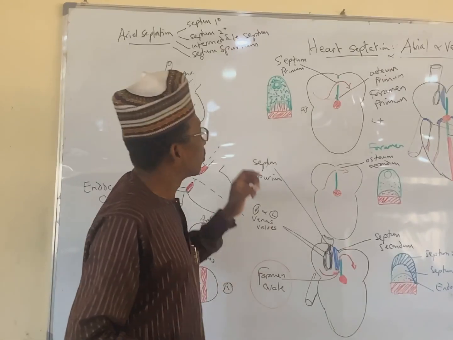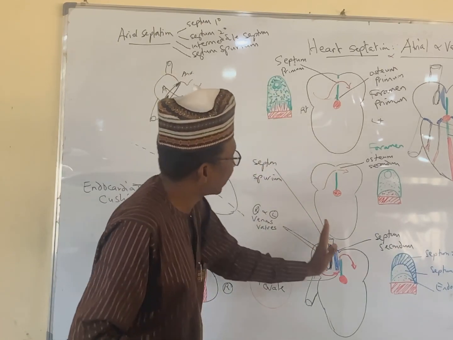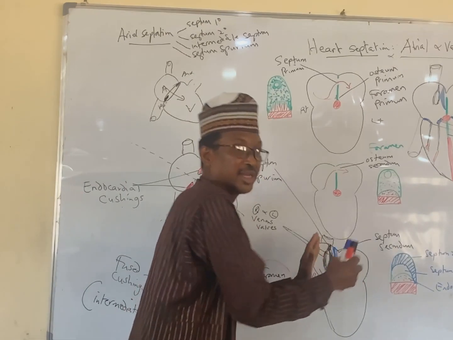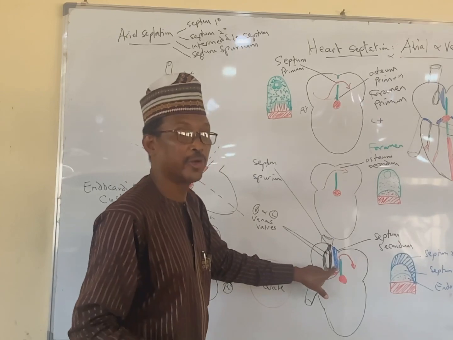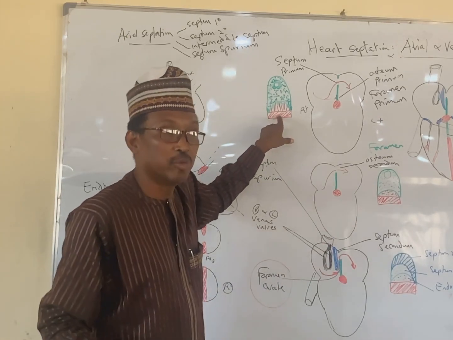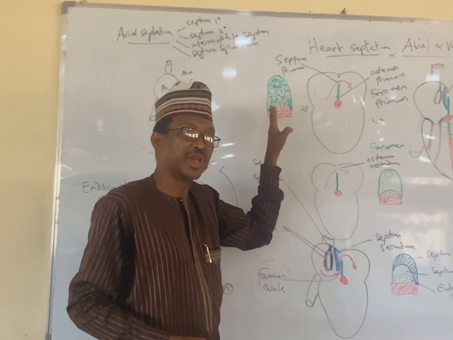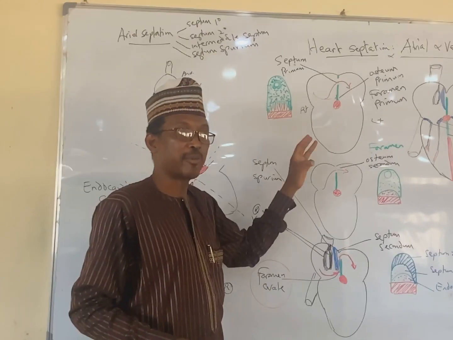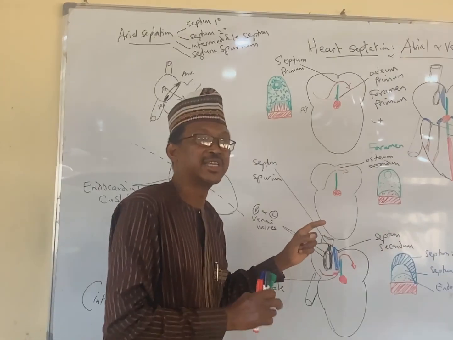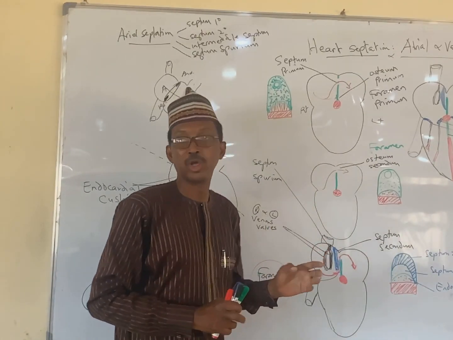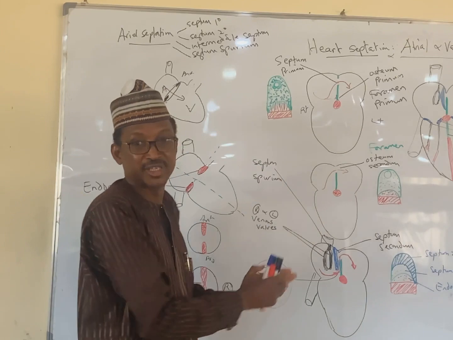So how many septae have you seen in the middle line to give rise to these two separate atria? We have seen septum primum, septum secundum, the intermediate septum, and the contribution from the intermediate septum to close the ostium primum. So we now have four contributions in the midline.